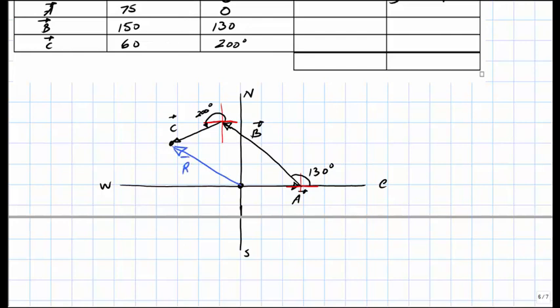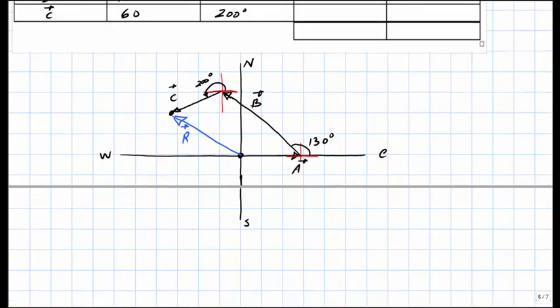Here's our resultant, and we will determine how long it is as well as this angle when we pursue part B of the problem. But the first part asks us to determine the total distance traveled by the hiker, and that's not a very difficult thing to do.